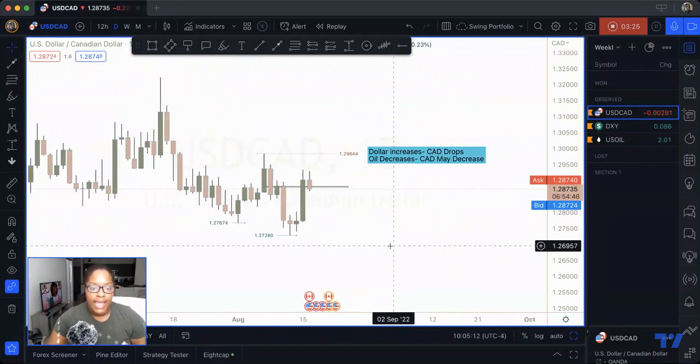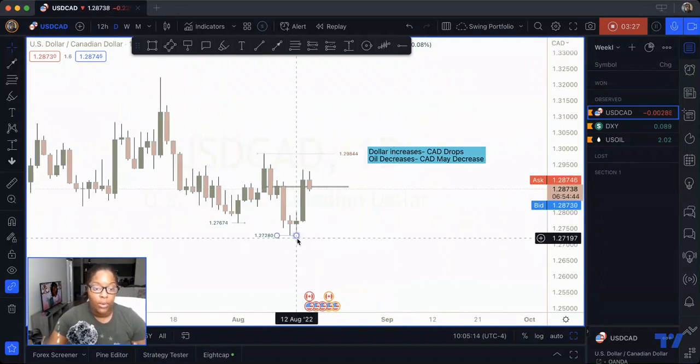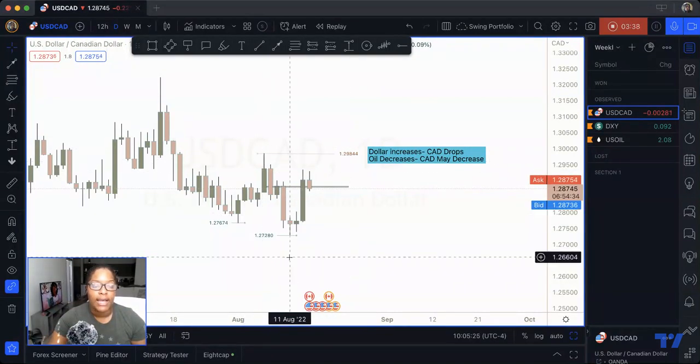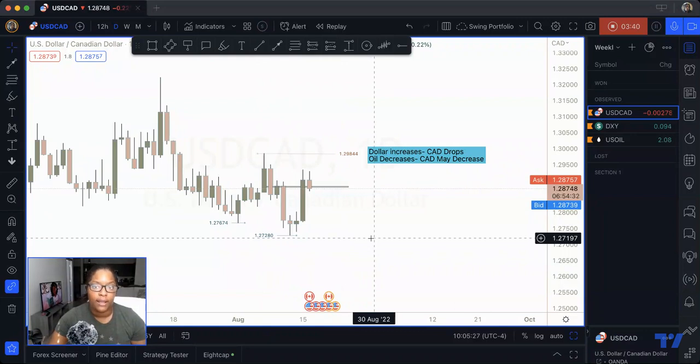USDCAD recently, on the daily time frame, made a new low at 1.27280, staying below 1.29844, which is where it made this lower high. So lower low, lower highs. On a higher time frame, this pair can get a little tricky because of the weekly time frame and the way that it looks.